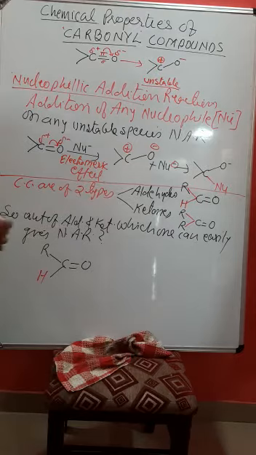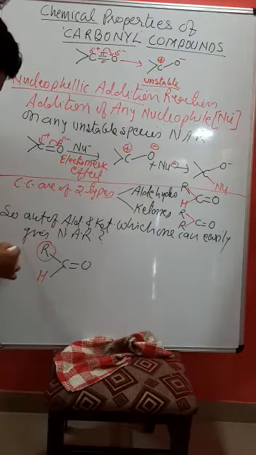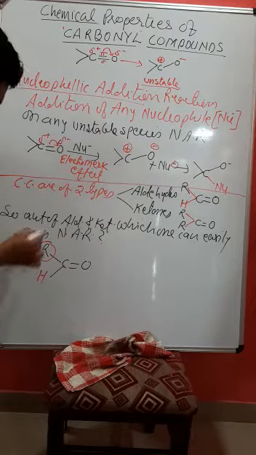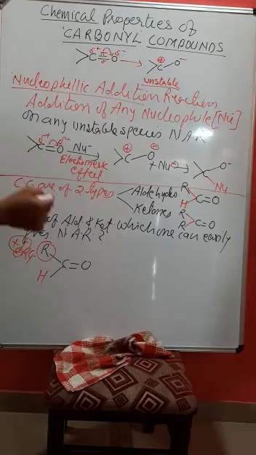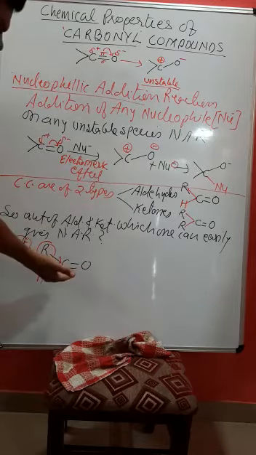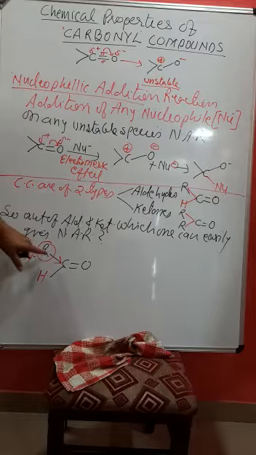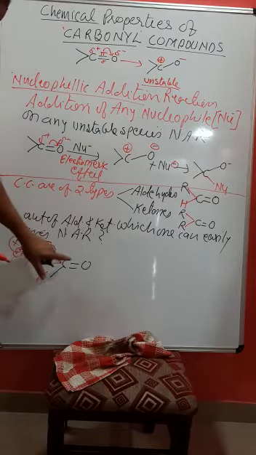In this group, the alkyl radical shows a positive inductive effect, that is, it shows electron releasing nature. If it releases electrons, then it will increase the electron density on carbon, isn't it? R will increase electron density on carbon.